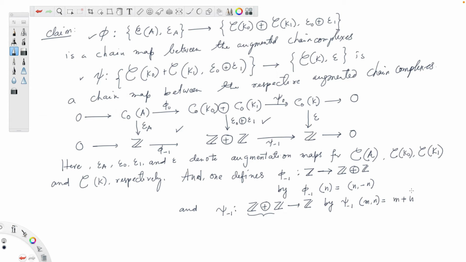So now, given these definitions, we want to prove that this is a commutative square, and also we want to prove that this is a commutative square. Okay, so let's do that.